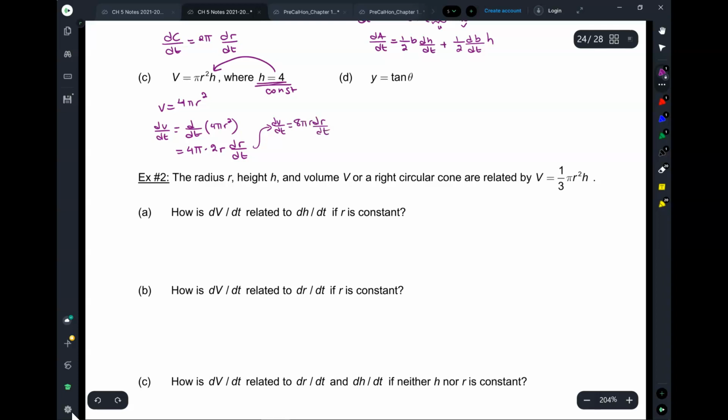Isn't that fun? 8 pi r dr/dt. Are you doing the dr/dt because it's the chain rule? Yes.